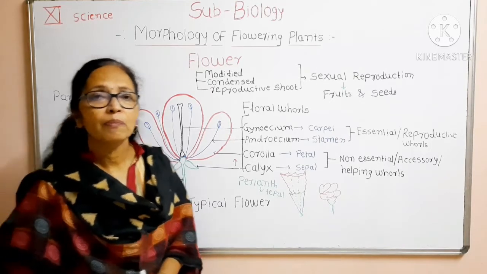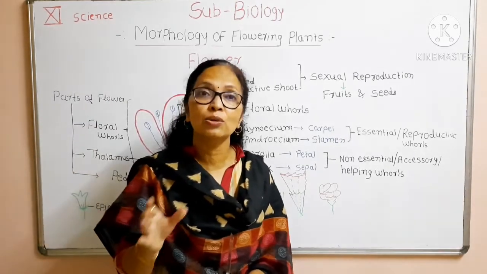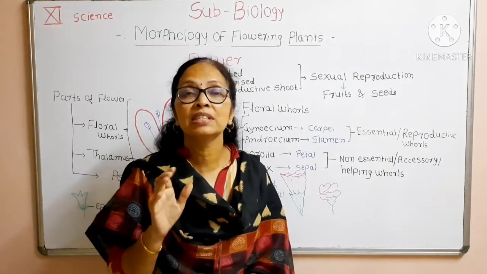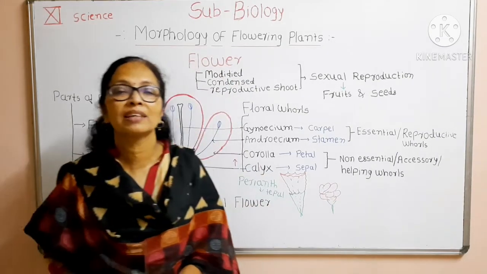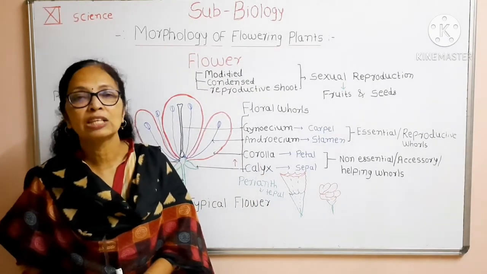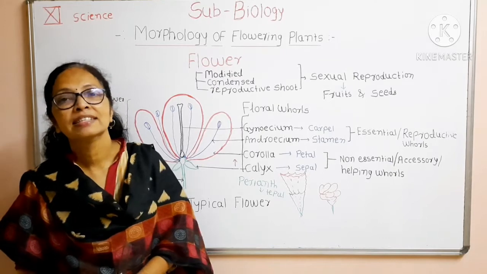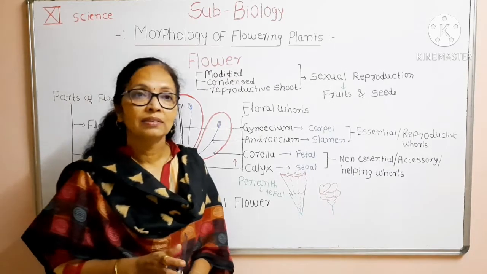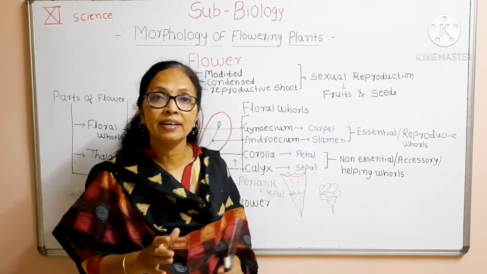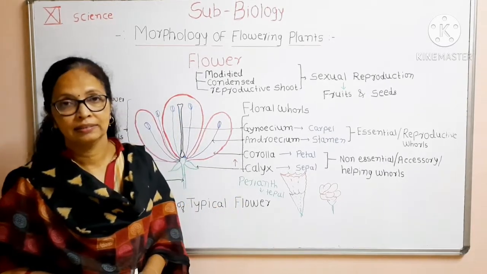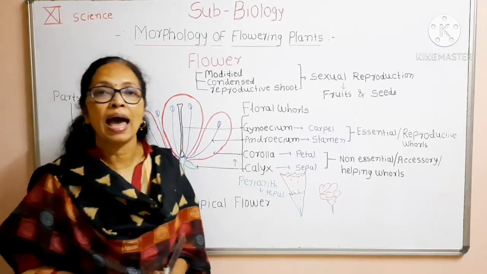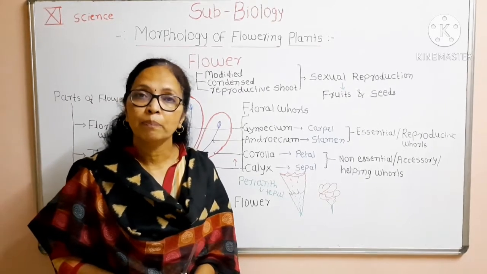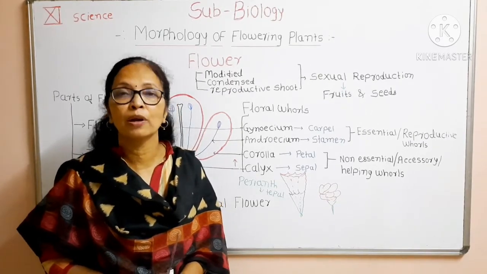In some flowers, the perianth looks like the calyx, means it is green in color, for example Annona. Then this perianth is called a sepaloid perianth. In some flowers, the perianth is brightly colored like petals. Then it is called a petaloid perianth, for example Gloriosa.